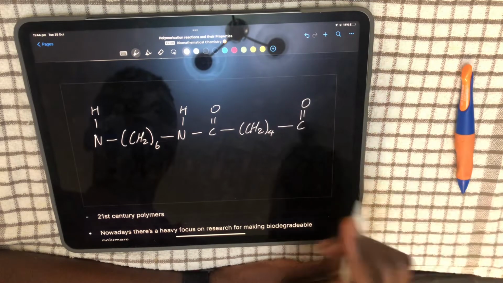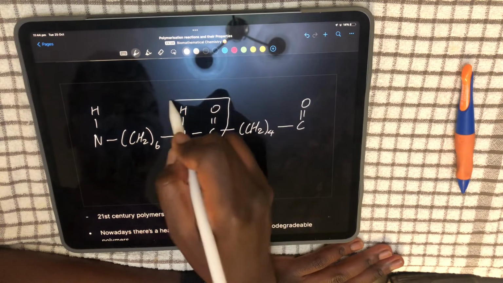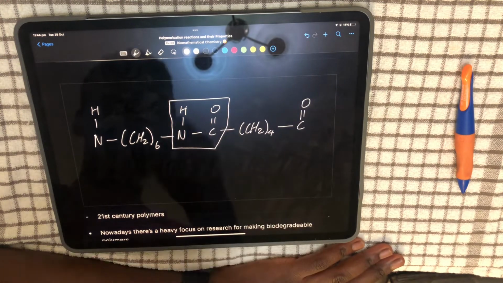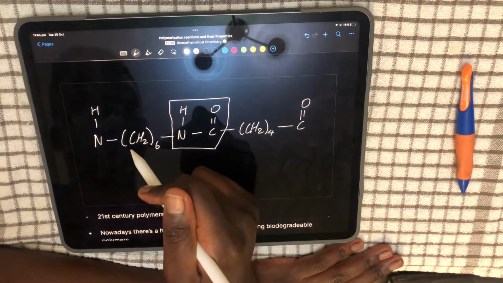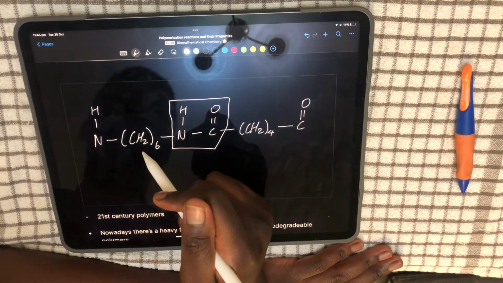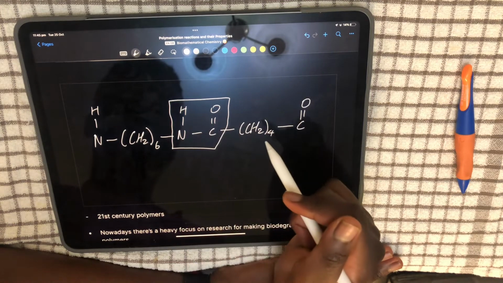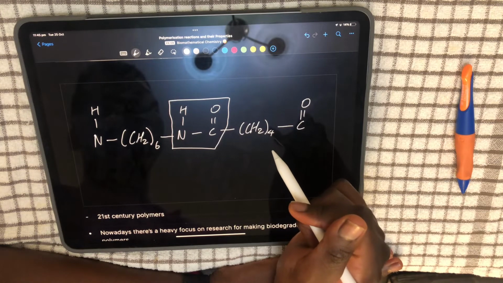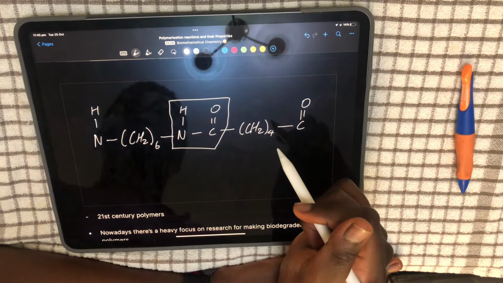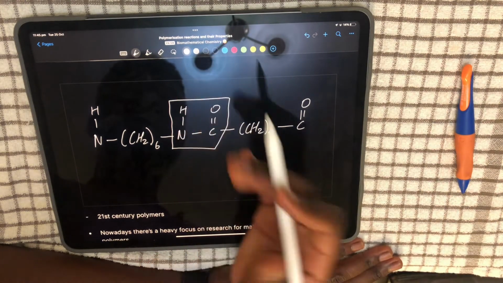In that case, that hydrolysis would break this peptide bond here. So you just draw the structure of it. It'll be hexane 1,6-diamine, and butane 1,4-dioic acid. And that's the point being here.